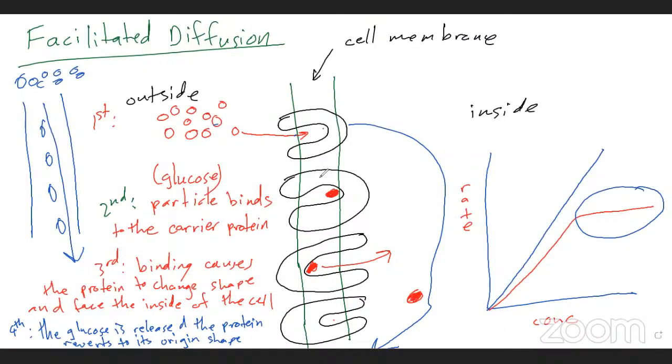Then you have a finite amount of proteins to do the transporting. At this point, we can say all of them are occupied with molecules. So it doesn't matter how much more you put, they just have to wait.